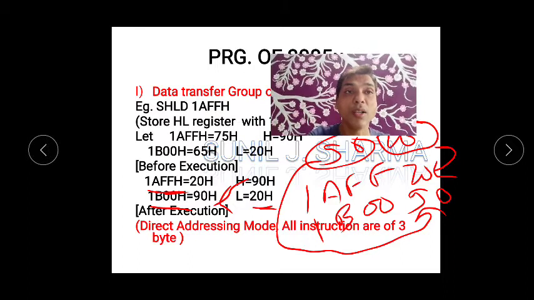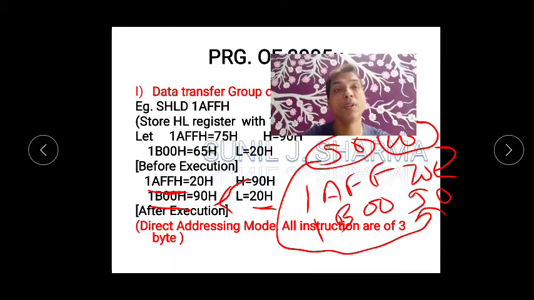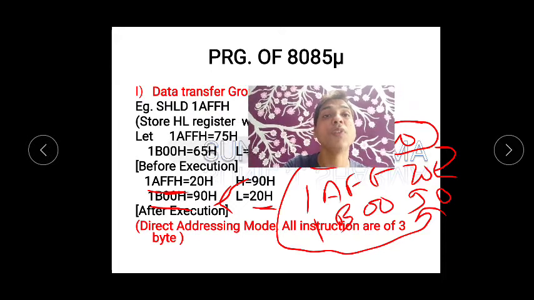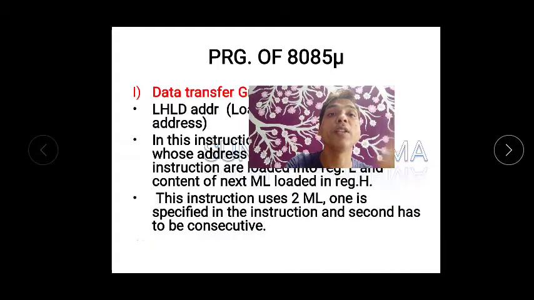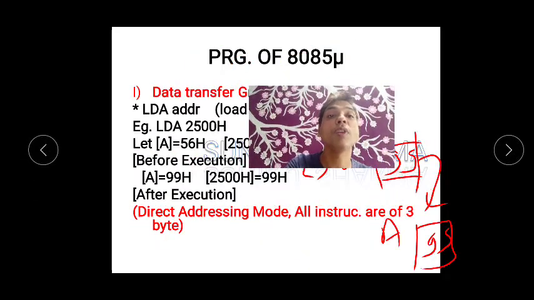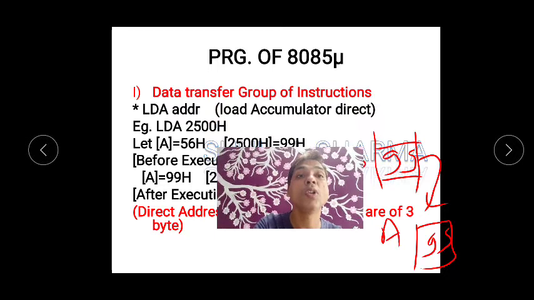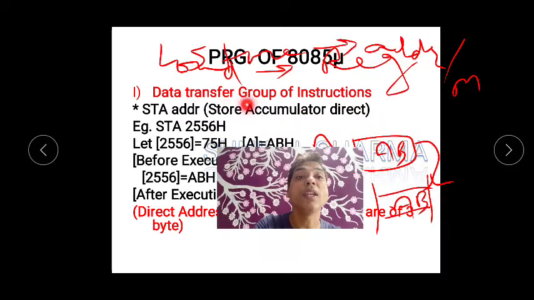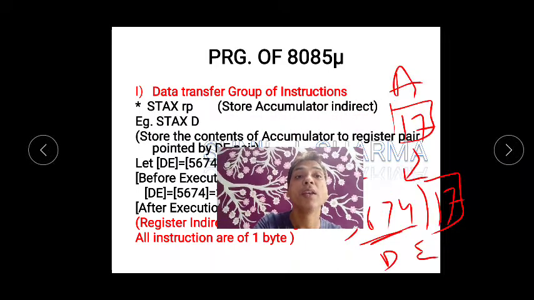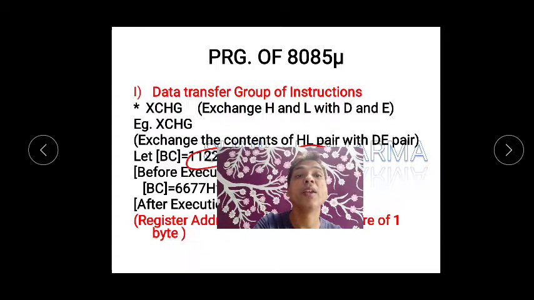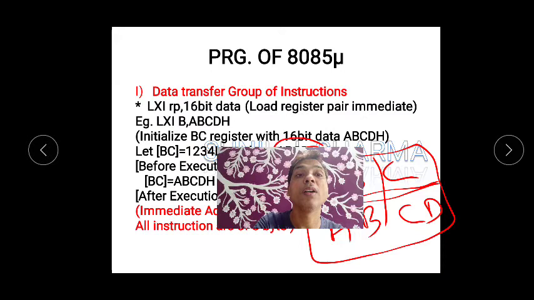Okay, so I think in this group we are done with all the instructions of data transfer. These are very important instructions. Which instructions have we done today? LDA, that is load accumulator direct, STA, store accumulator direct, LDAX, load accumulator indirect, STAX, store accumulator indirect, XCHG, exchange only between HL and DE pair, then LXI, load register pair immediate, that is 16-bit data will be loaded into this pair.